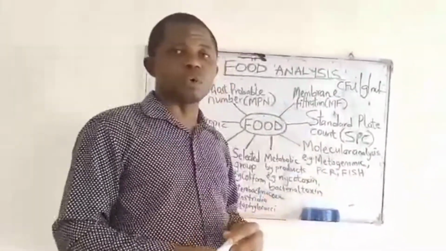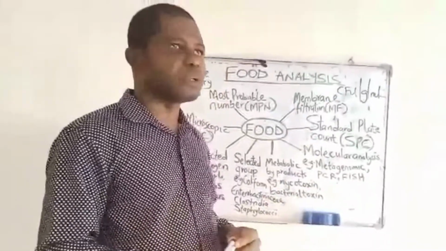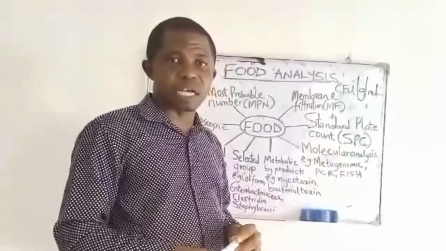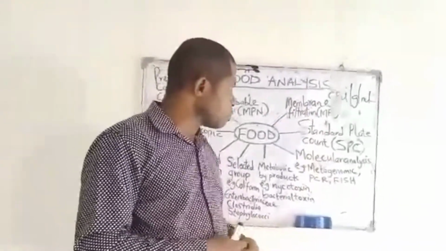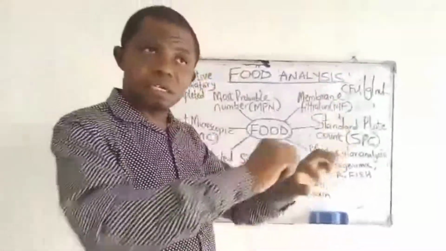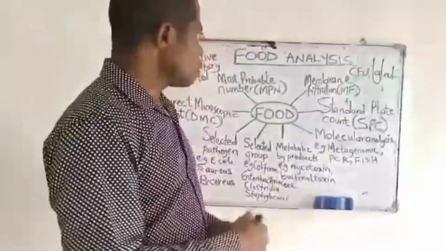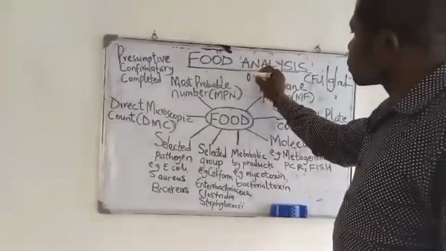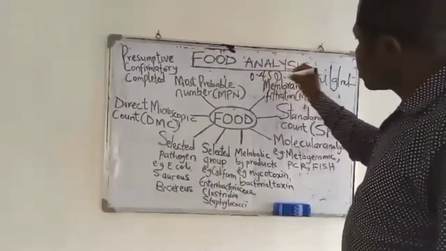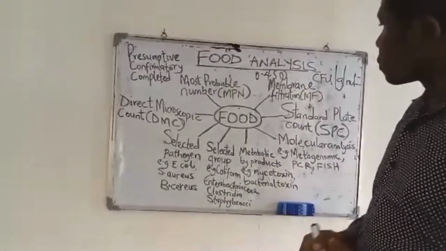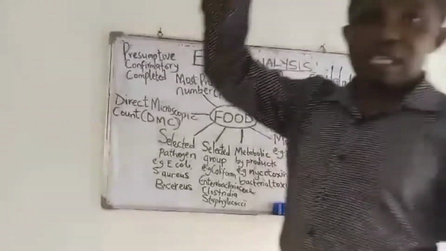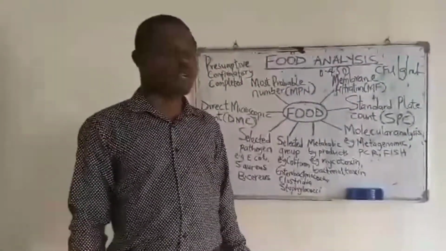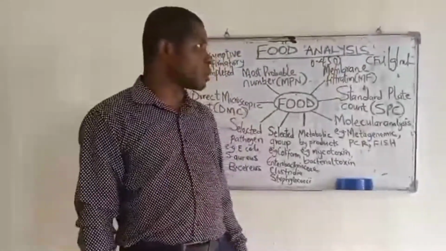Here, an adequate quantity, preferably 100 ml, is filtered under this filtration system using a mechanical vacuum pump, and then for a particular period of time, at the end, the filter membrane, usually about 0.45 micron. So after the filtration, it is aseptically taken and dropped in a selective medium of choice. And then at the end, colonies are counted.